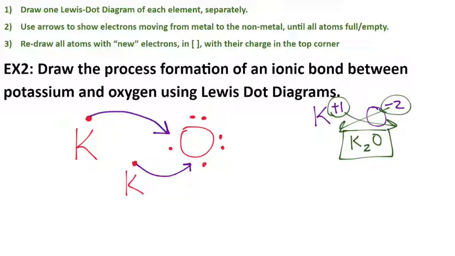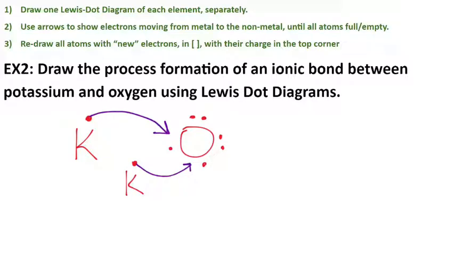It'll always occur in that ratio because of those charges. So, knowing that ahead of time, I could have already drawn out that extra potassium instead of doubting myself and rechecking my valence electrons. So, sometimes that can be helpful, but you don't have to. You just have to add whatever you need in order to get all of our atoms full and happy.